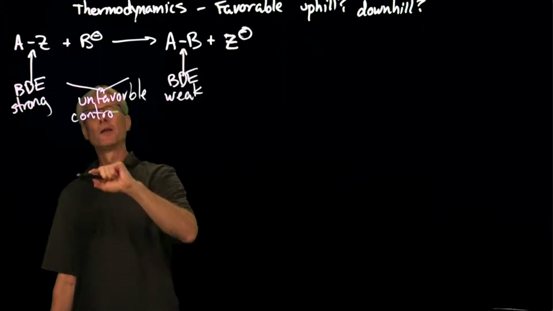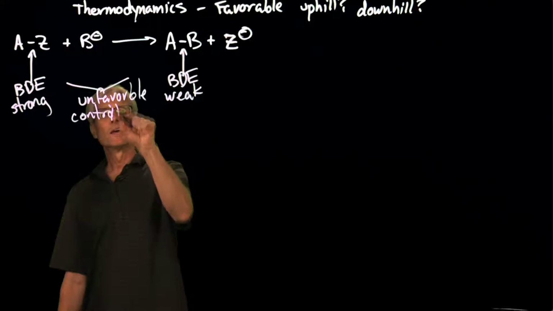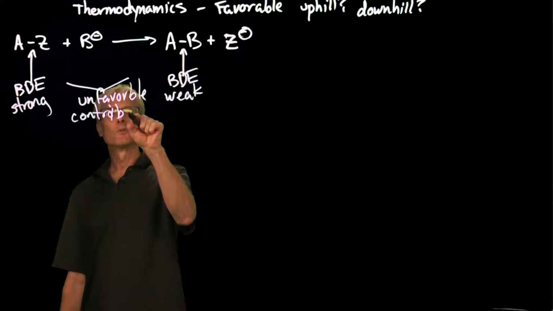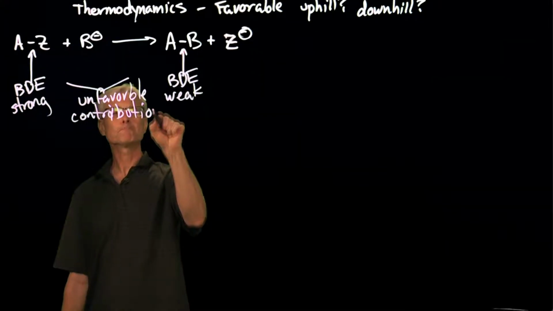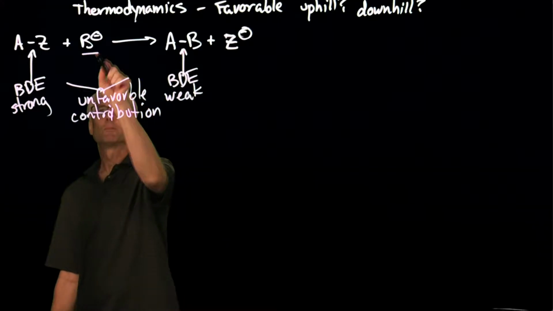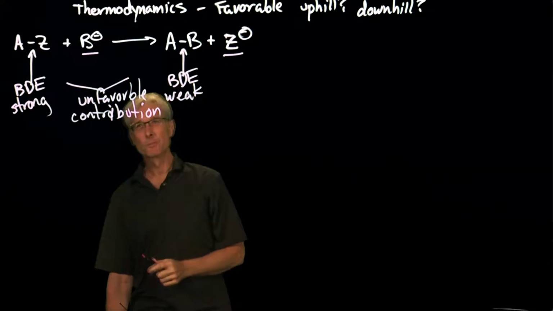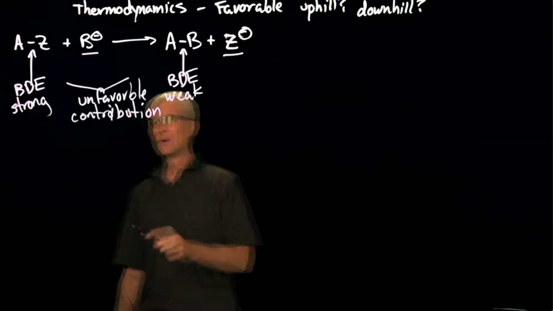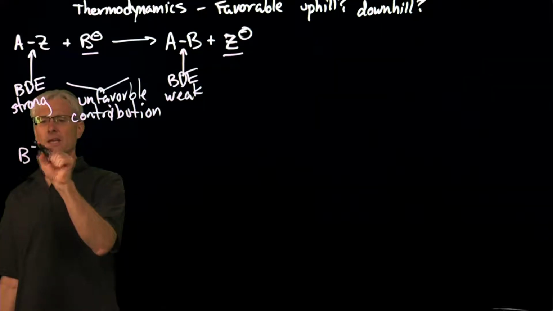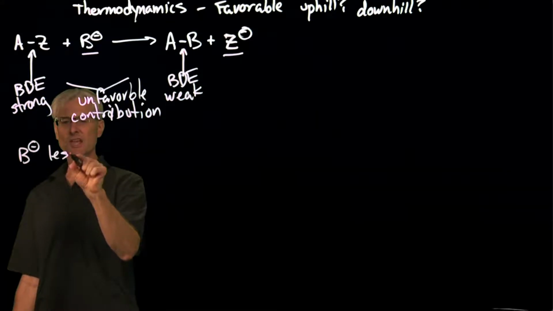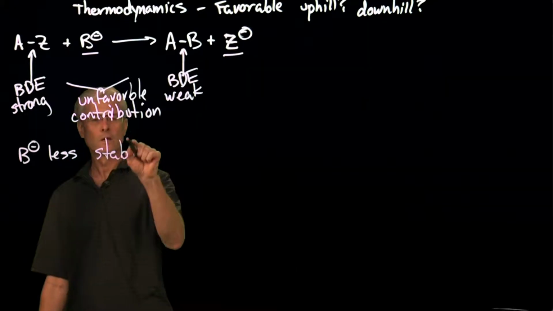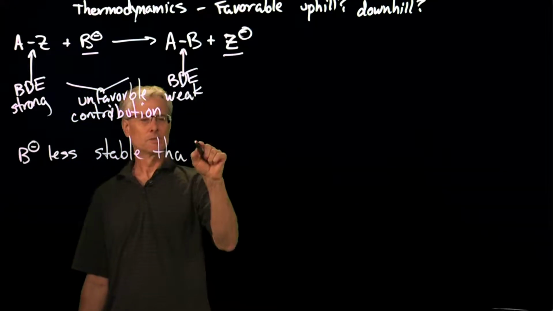So that bond breaking and forming makes an unfavorable contribution. We might also think about some of these other species that are participants in the reaction. And so maybe B minus, whatever it is, is less stable than Z minus.